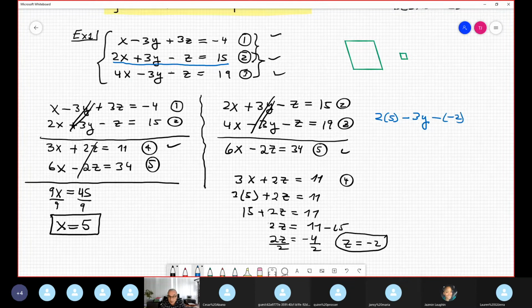Be careful with the sign, because this minus is that minus, and this negative 2 is the value for z, no? So double minus becomes positive, I suppose. This is 10, this is 2, 15, this is 12.